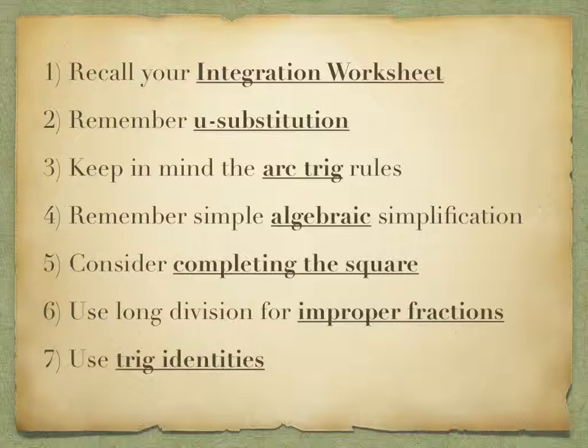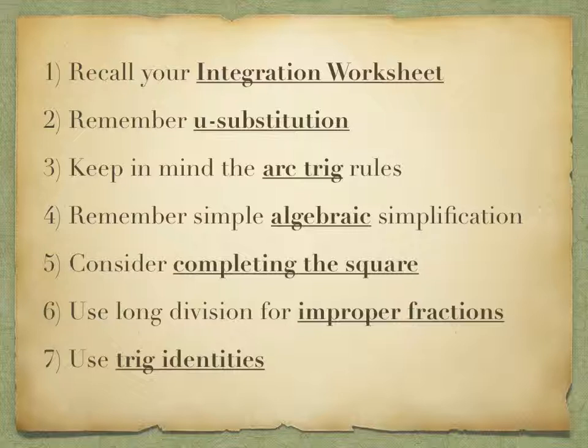Remember simple algebraic simplification. So some of those things are exponent stuff like we've just talked about, right? Other things might be remembering that when you have something like 4x plus 1 over 5x, you can write this as 4x over 5x plus 1 over 5x.